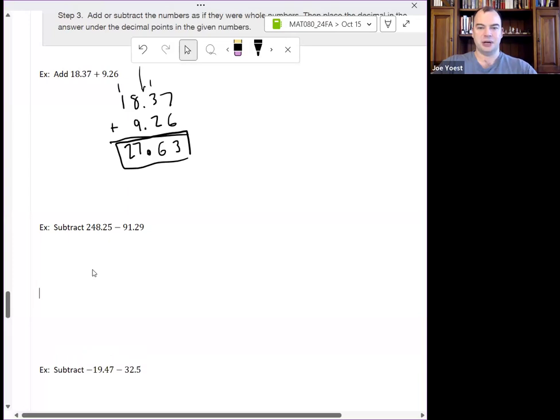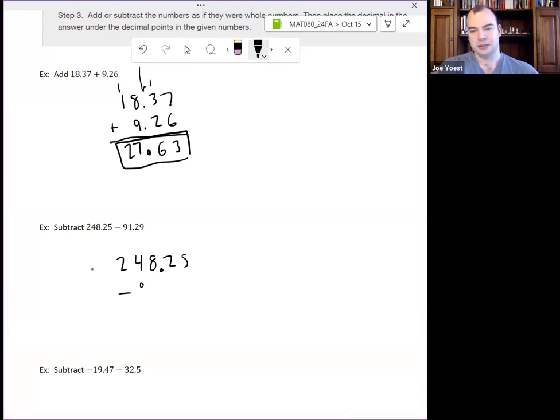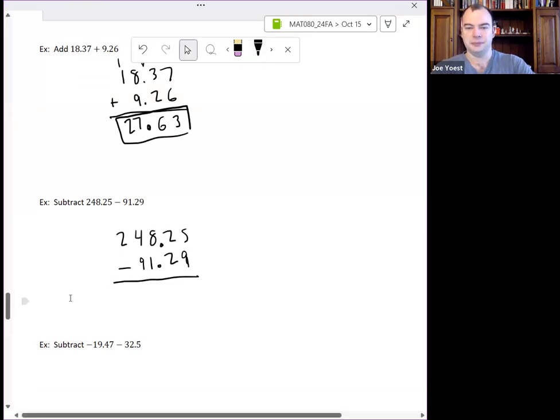If I have a subtraction problem like this, 248.25, and I want to subtract 91.29. Again, I make sure that my decimal points are above one another. I also make sure that I carefully line up my numbers column by column so I don't get everything crossed up or anything like that.